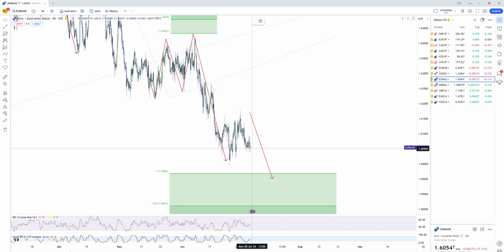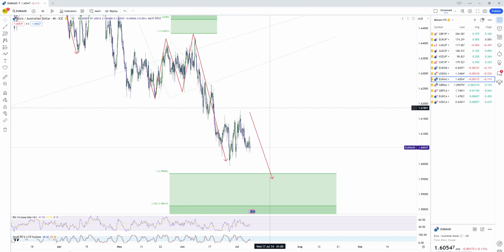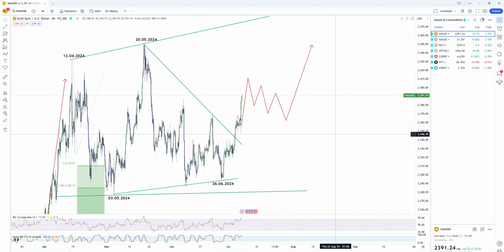Also, we cannot exclude that this one turns out to be a double correction before another move to the downside, and this is why at the moment any new trades are dangerous, and you should also avoid this one at this stage.